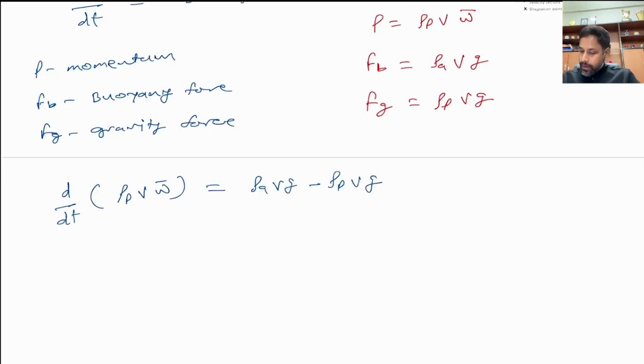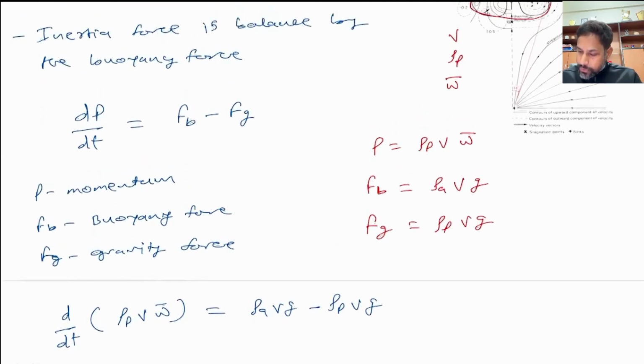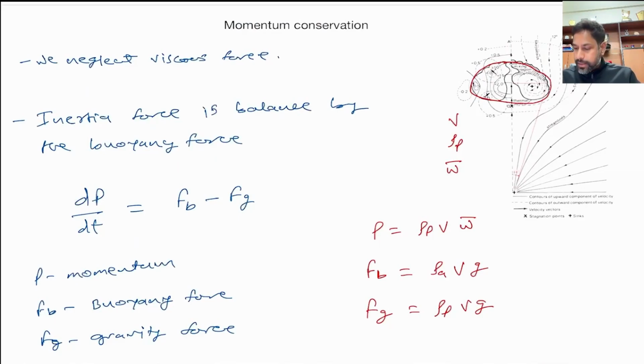Okay, and now we have to consider one more factor here. In this particular streamline picture drawn for the plume, you will see that while we consider this red circle as the plume, we can also see some streamlines going outside. So what's exactly happening is, while the buoyancy force is applied on the plume volume only, there is momentum created in the ambient fluid as well, because of the buoyancy.